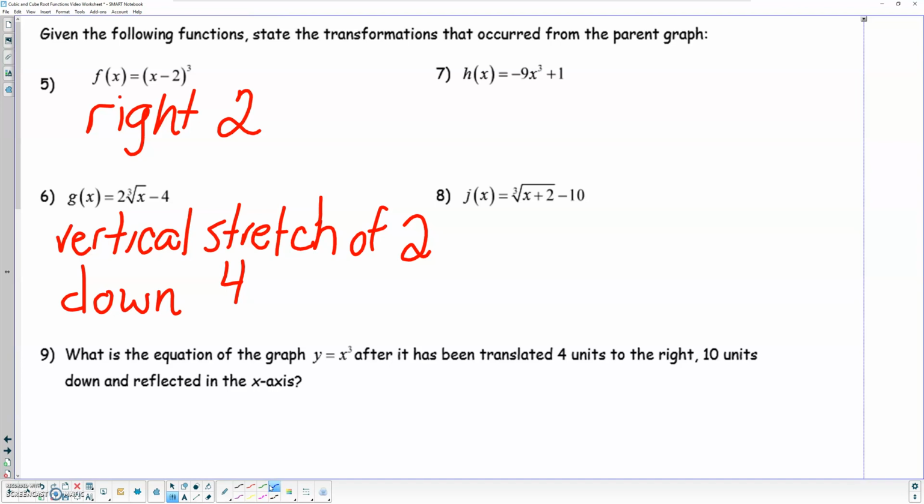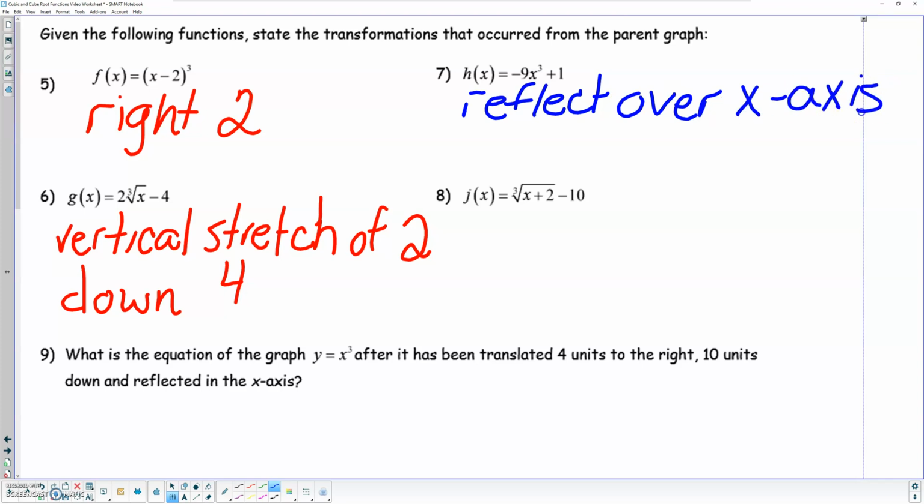All right, if we go over to number 7, here there are 3 transformations taking place. The negative in front means we're reflecting over the x-axis. The 9 in front means there's a vertical stretch of 9.